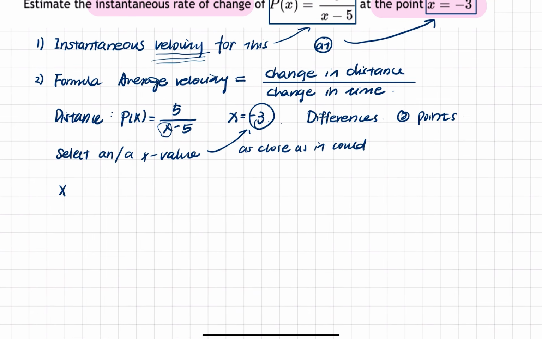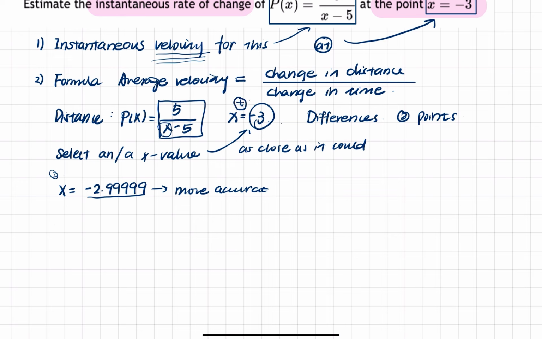So here is my x value. I'm choosing negative 2.99999. As we all know, the more decimals that we have, the more accurate the problem could be. So here is my second x value. Then, since we know that distance is going to be this function, and also we have our time.